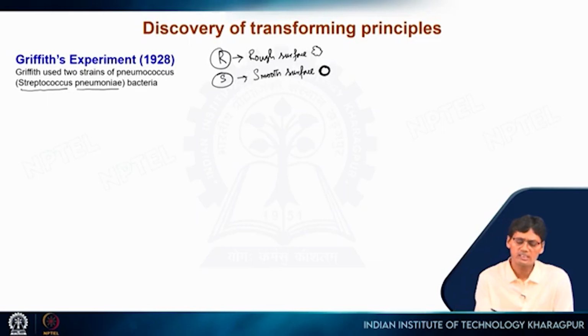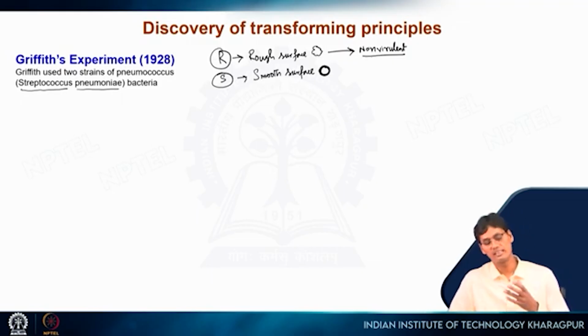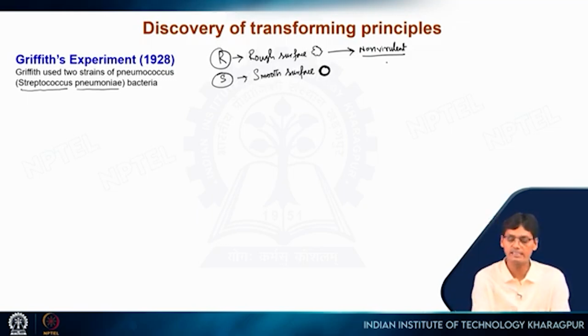Now, this R strain of bacteria is non-virulent. Non-virulent means they cannot cause the disease. For example, if we inject this rough surface, non-virulent strain into a mouse, the mouse will survive, it will not die. And the smooth surface bacteria, the S type, are virulent.